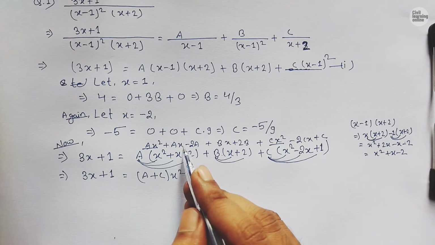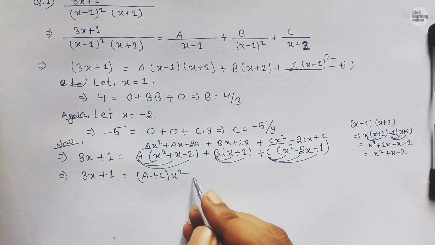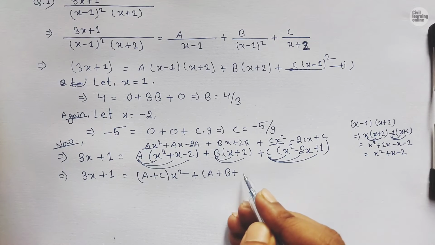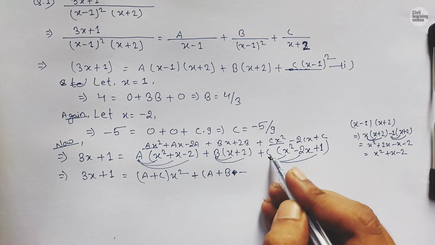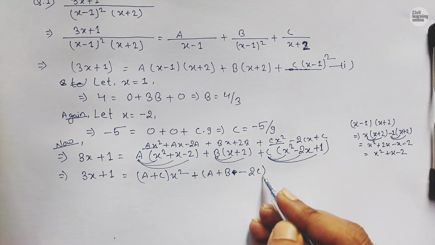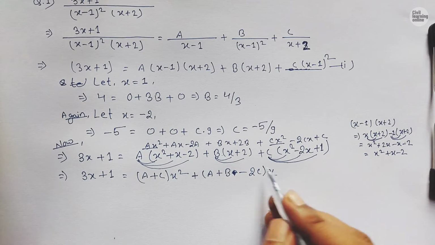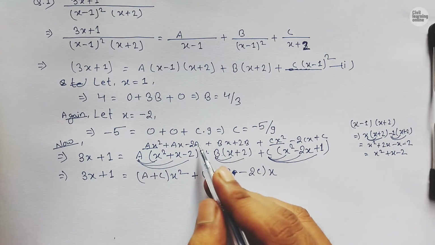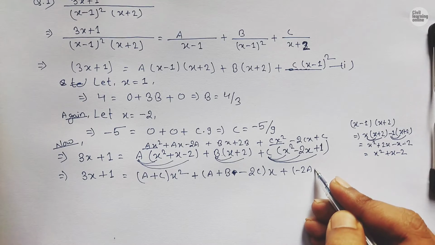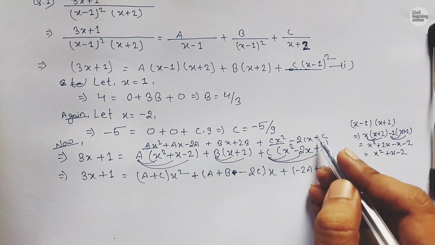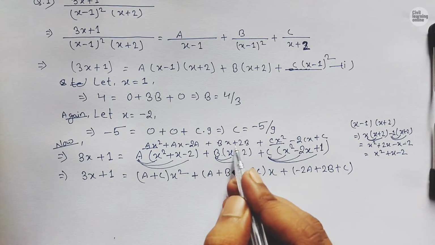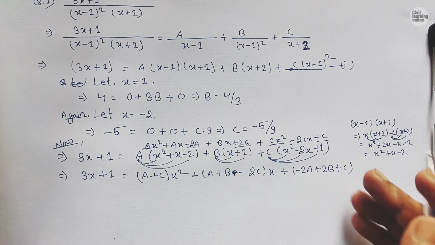Similarly if we take x common, we will have here plus a plus b minus this c will multiply with this, so minus 2c times x. Now the terms which do not have any variable, that is minus 2a plus 2b and plus c. I have simply written these 3 terms which do not have any variable at one place.